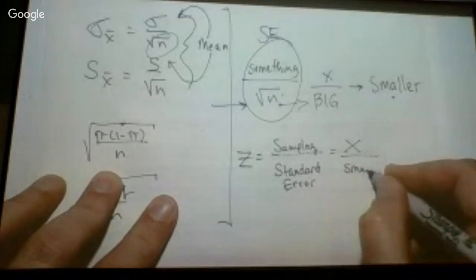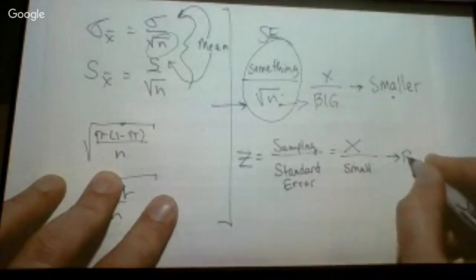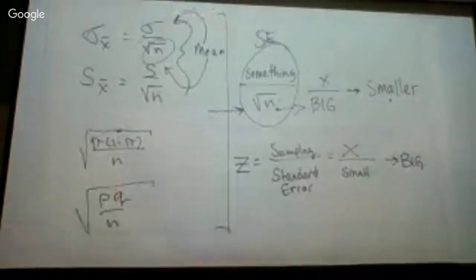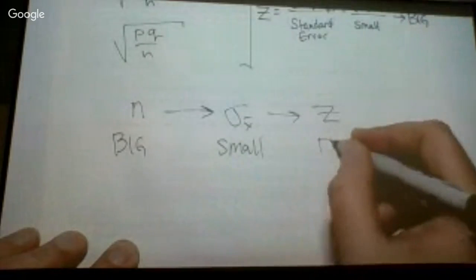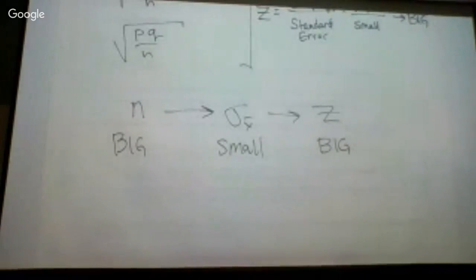If the standard error gets smaller, z gets bigger. So if sample size n gets big, standard error gets small. The standard error gets small, our test statistic gets big. Those three things are going to have that relationship.